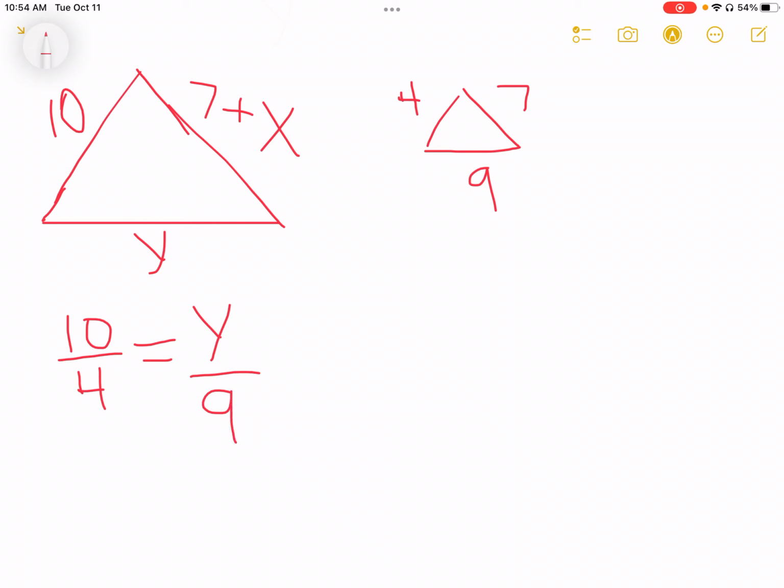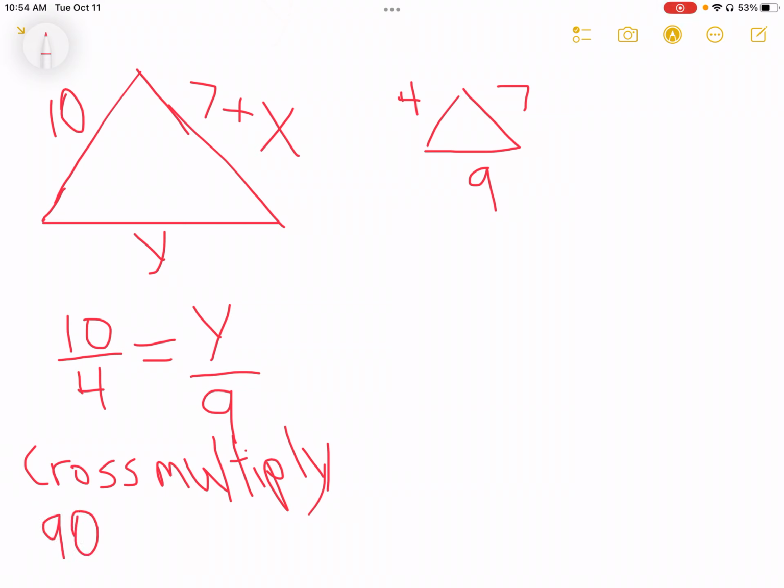So we can cross multiply. If I cross multiply here, then I'll get 10 times 9, so that'll be 90, and it's equal to 4y.